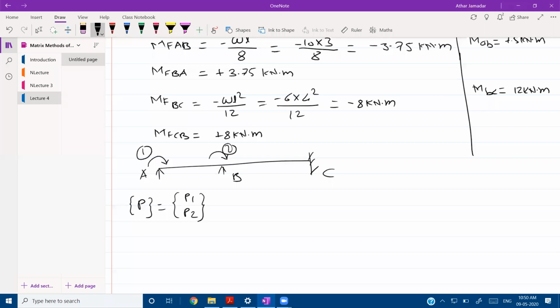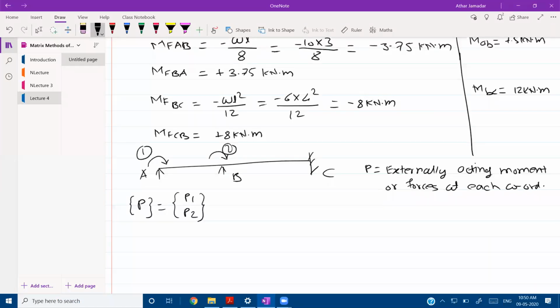So now P vector is nothing but externally acting moment or forces at each coordinate.